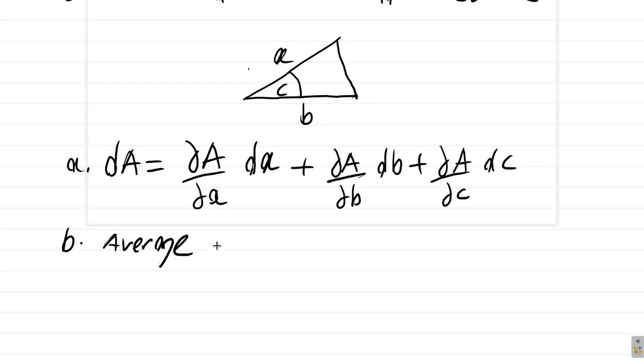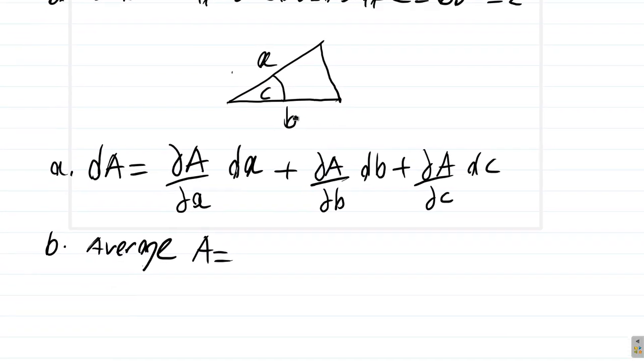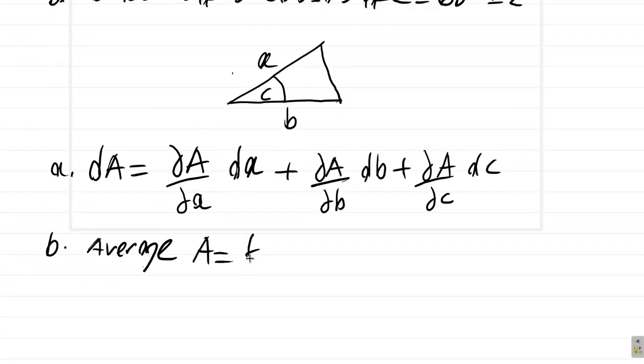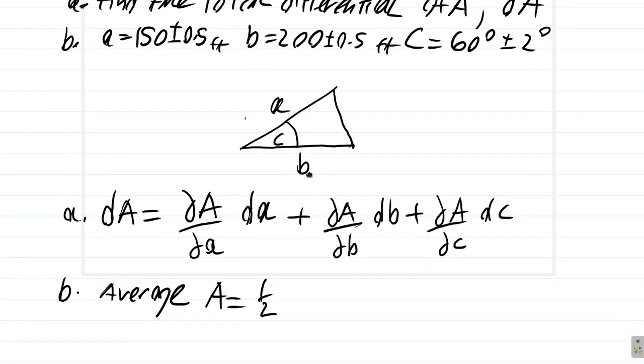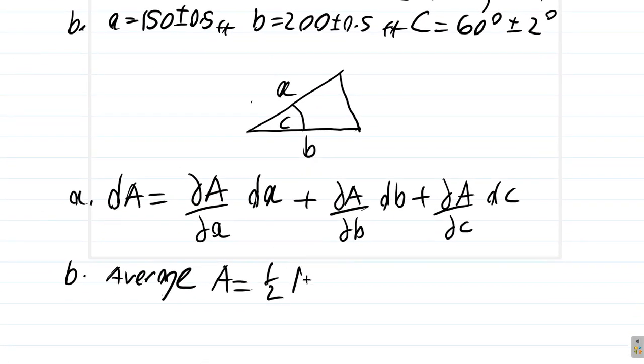When we're done, we're going to put that average value plus or minus that margin of error in the area. So it's going to be half a, which is the average of a, 150, half times 150 times b, which is 200, times sine 60.